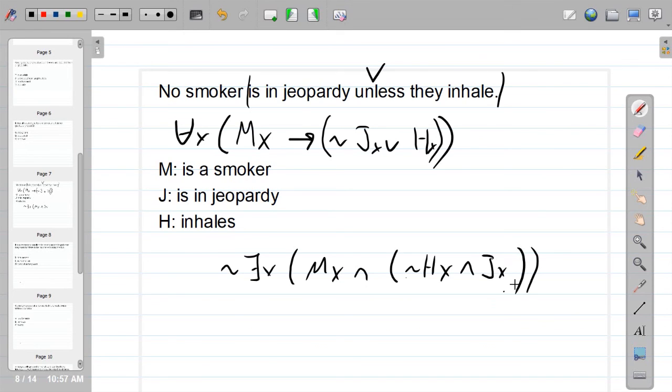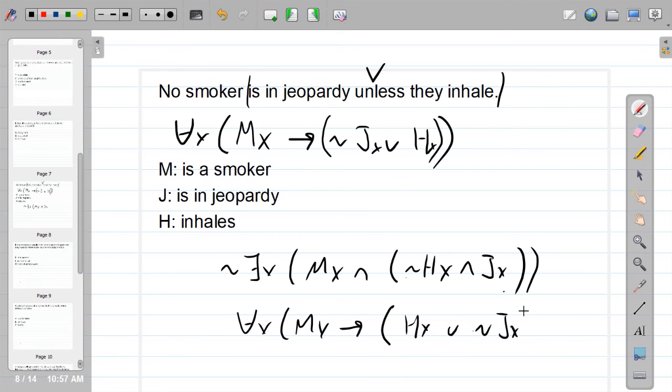Yeah? So it's not equivalent to just put the negation on inhaling on the first one? Sorry, so to put the negation on inhaling rather than in jeopardy for the first. So if you said for all x, mx, then hx or not jx?